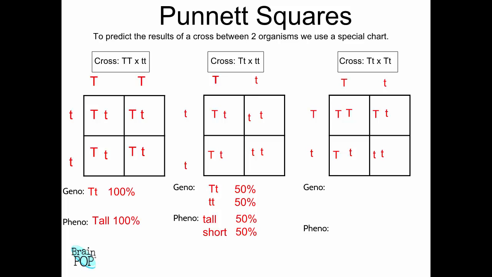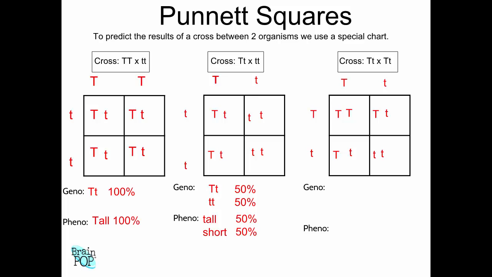Mike, what genotypes are there? What are some of the genotypes that are possibilities? Kevin? Big T, big T. So we have a big T, big T genotype possible.